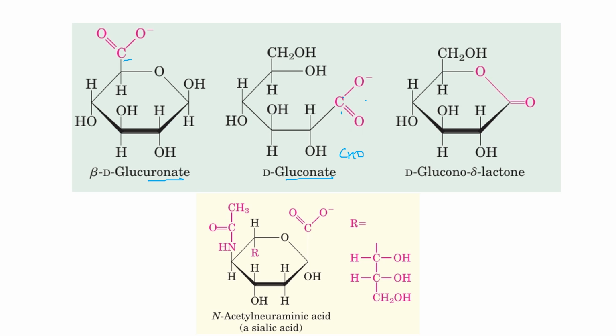When the acid at C1 attacks the OH group, there is a removal of a water molecule, and there is a formation of an ester linkage between the C1 and the C5. The C5 is known as the delta carbon. So there is an ester linkage formation between the C1 and this delta carbon.